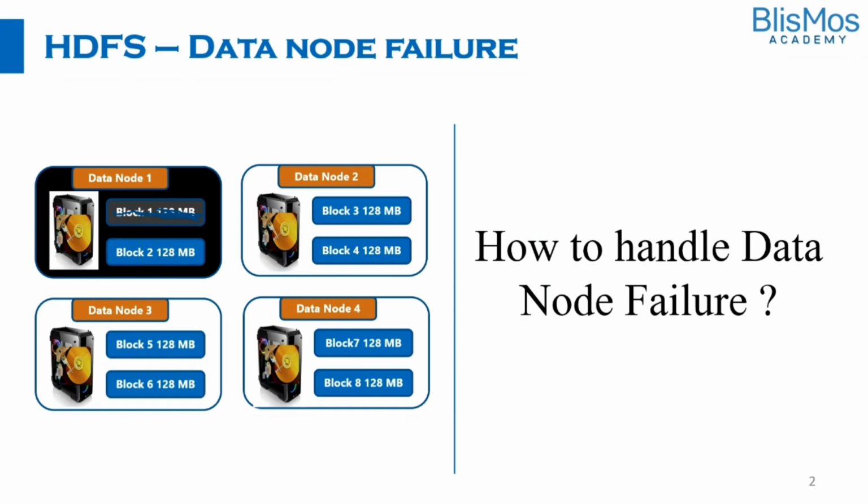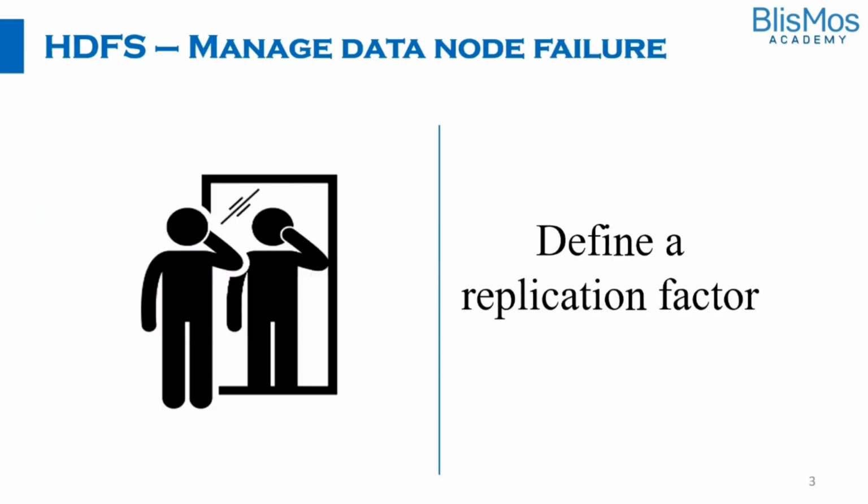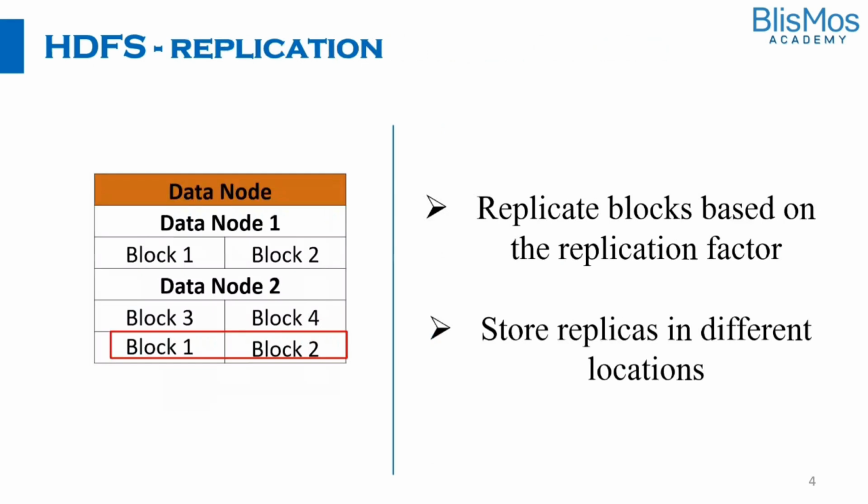How do we really handle the data node failure? We need to define a replication factor. What is a replication factor? Replication factor is nothing but how many times a particular piece of data needs to be replicated. What do we mean by replication? For example, we have block 1 and block 2 in data node 1.